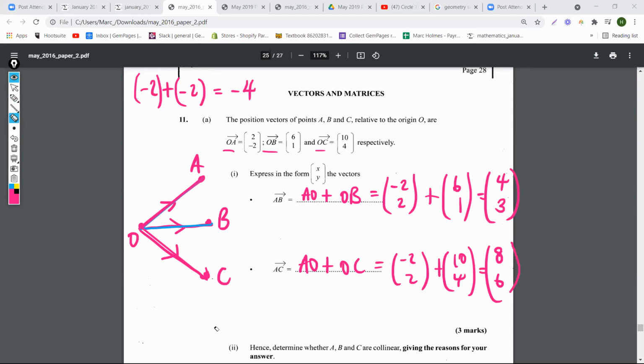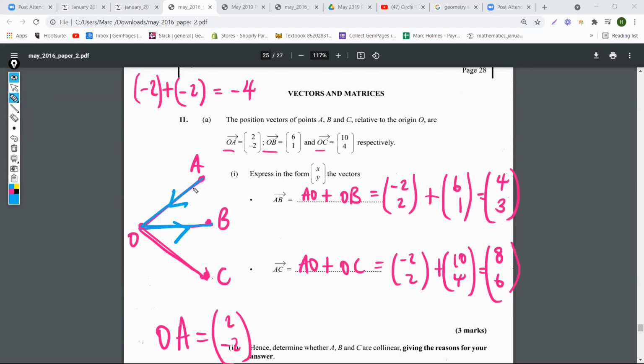One question, sir. Why did you switch the negative values for these? Yeah. Because O to A is 2, -2, right? But guys, the only way to travel with the vector from A to B, it has to be from A to O, then O to B. So you travel this way, then that way.